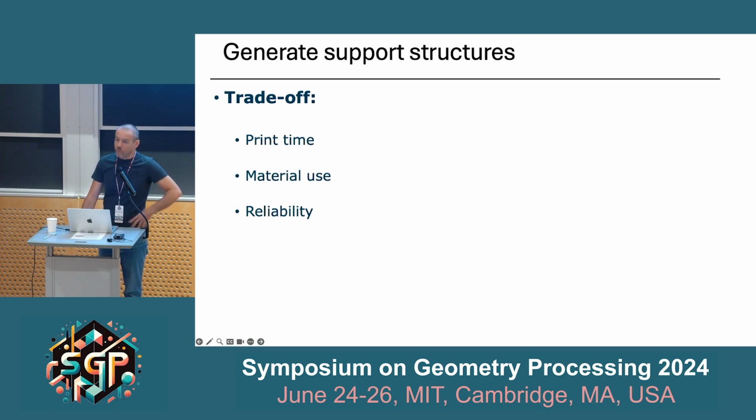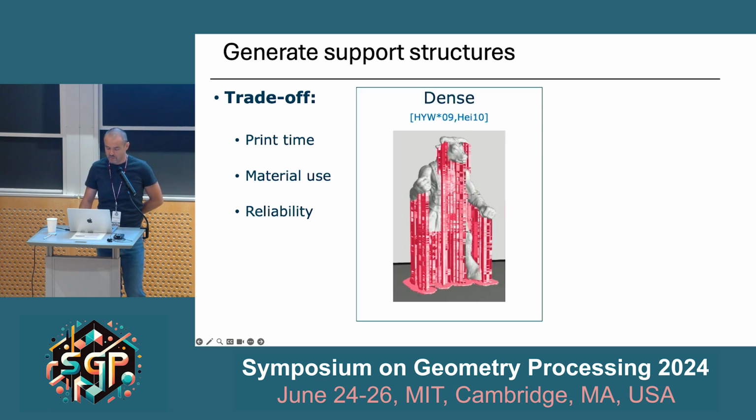Then, when you know where you need supports, you need to generate them. And here you need to trade off between the printing time, the material that you want to use, and the reliability of the supporting structures. You may decide to use dense supports, such as in this picture. This is the typical standard approach that is provided by commercial slicers.